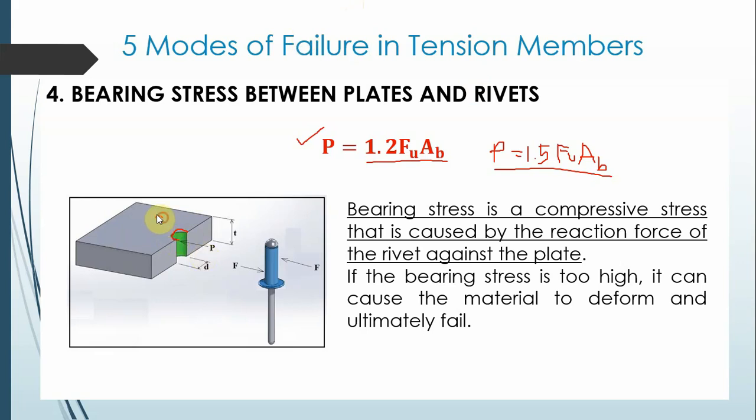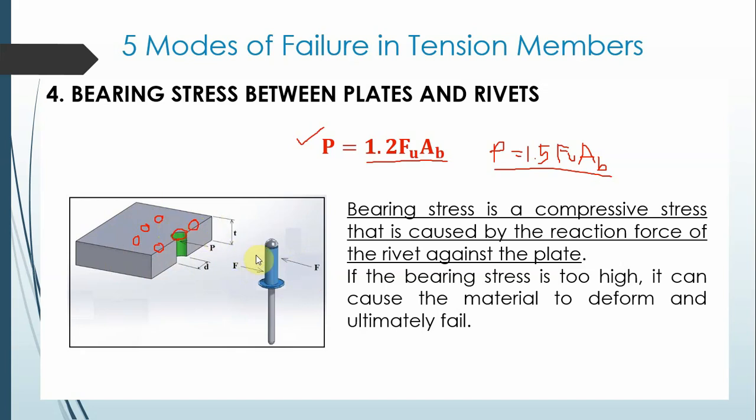For example, if there are 5, or 6, we assume that all of the bolts or rivets have the same reaction force, at a specific tensile force divided by the number of rivets.